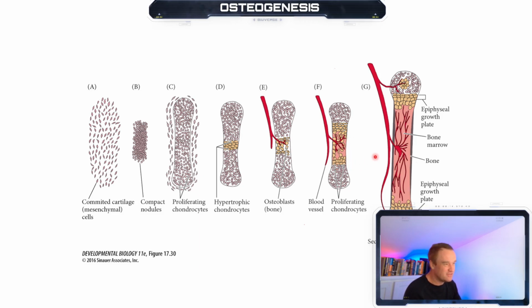The secondary ossification centers around this process at the tip of the bone here, right? So there's kind of like a secondary process of the osteocytes coming in and forming its own breakdown and restructuring at the tip of the bone.